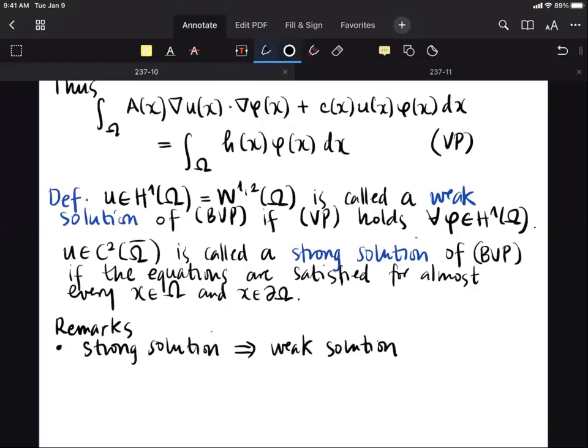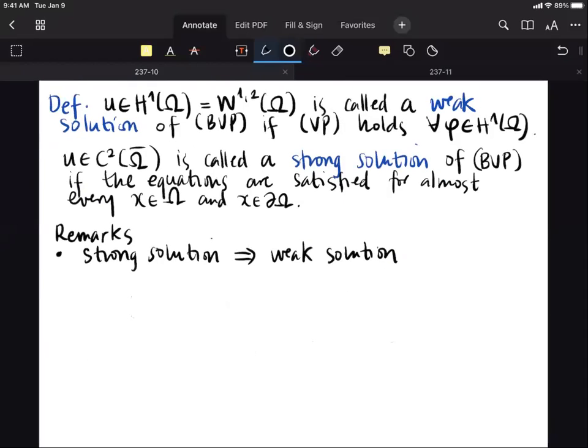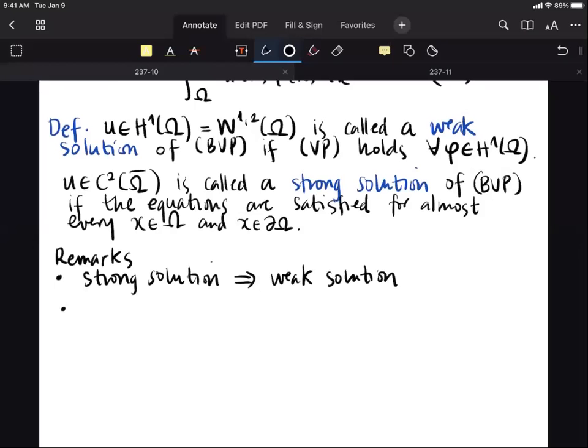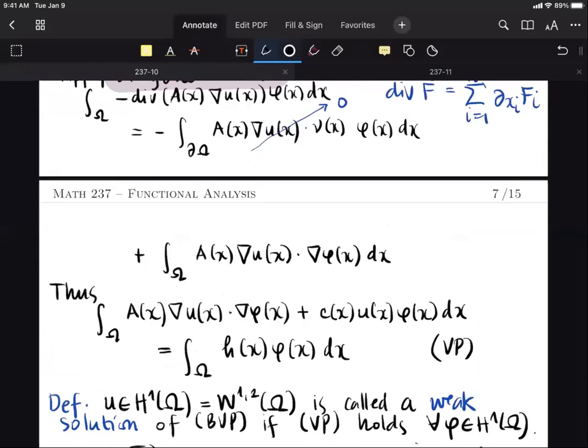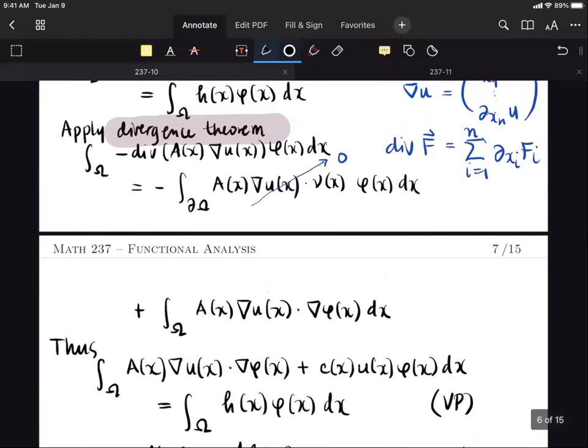So here, we cannot, however, go the other way around. In other words, if you have a weak solution, then you cannot go in the reverse direction because we do not know if this divergence exists, because we only know that u is only weakly differentiable.